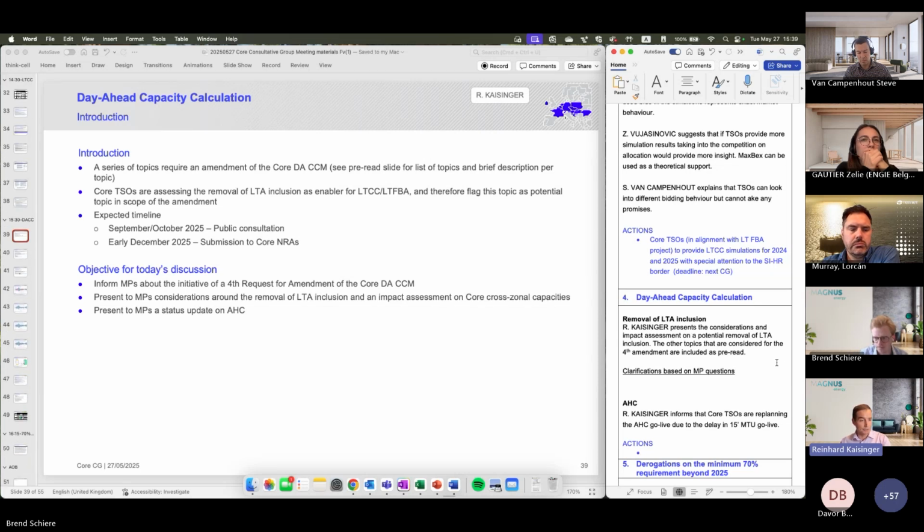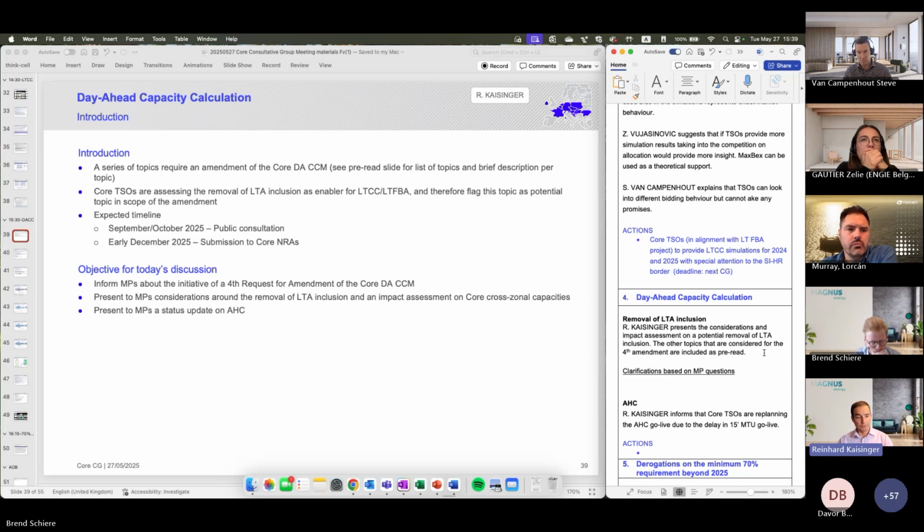Roughly, the expected timeline for the upcoming fourth RFA of the core day-ahead CCM is that in September, October this year, we would run the public consultation via the ENTSO-E website, and then in early December, submit the RFA to core NRAs for the approval process.